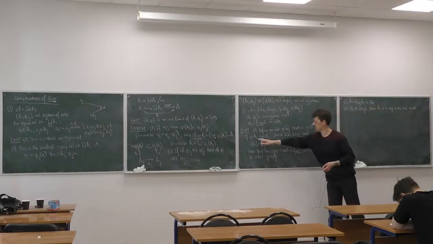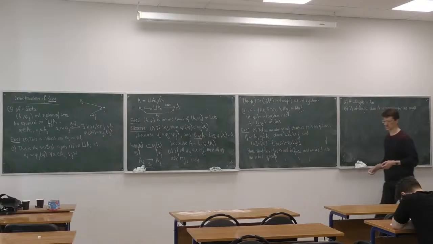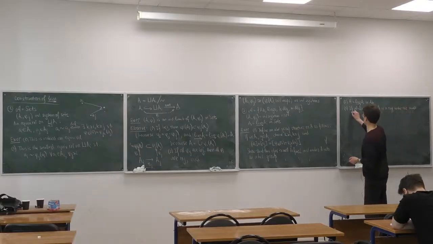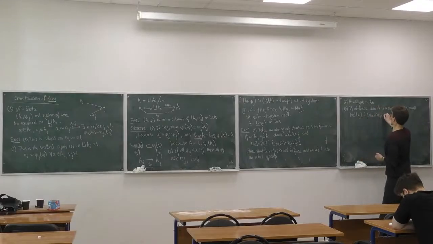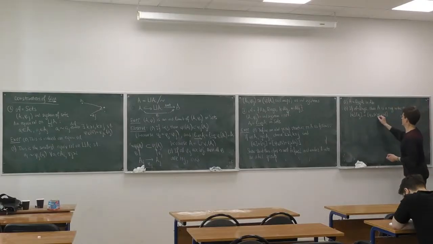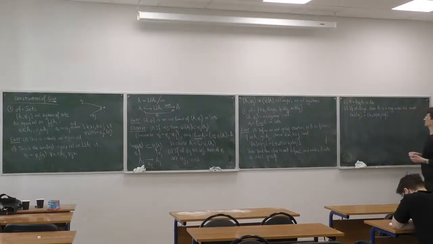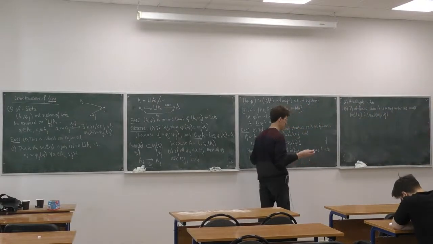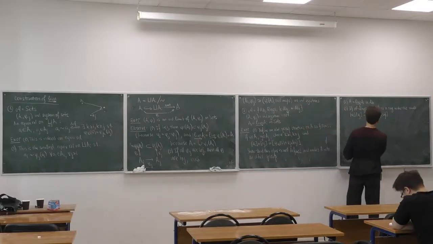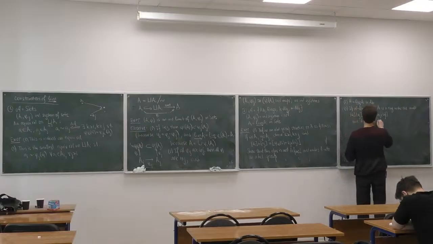Again, we take two elements, choose k as shown here, and define the product of the respective elements of A in the following way. So it becomes a ring, and again, it is easy to show that this ring is the inductive limit of our system, but now in the category of rings.